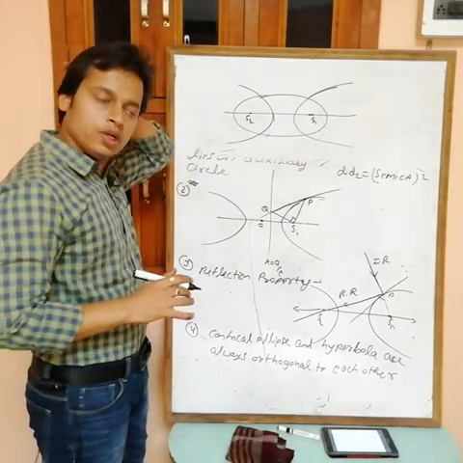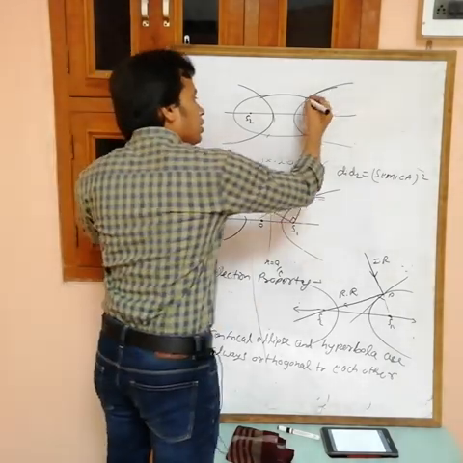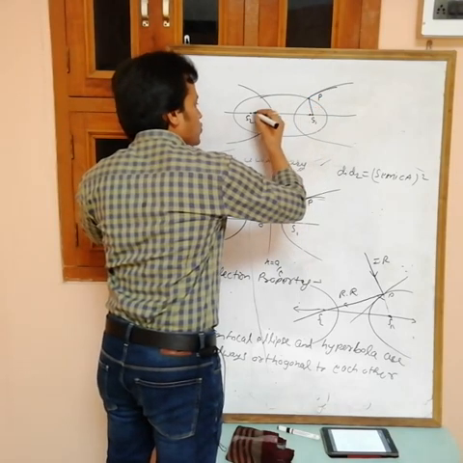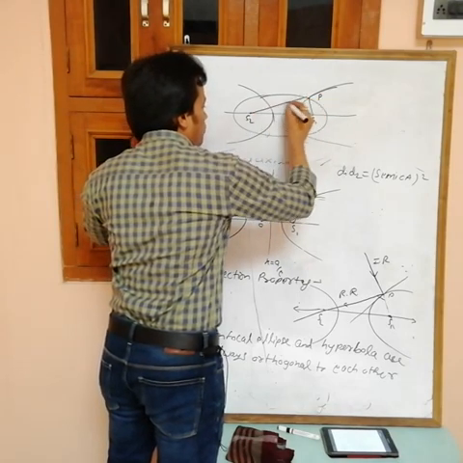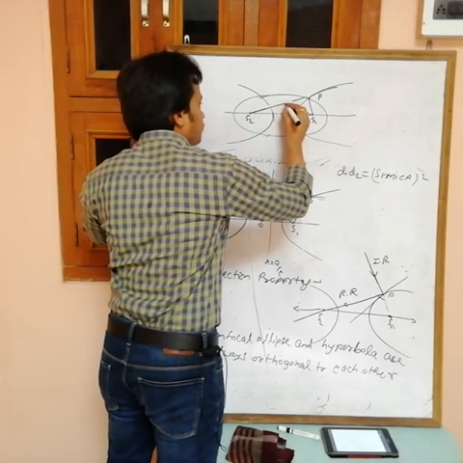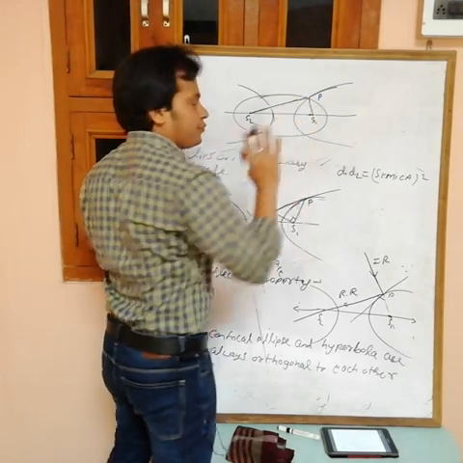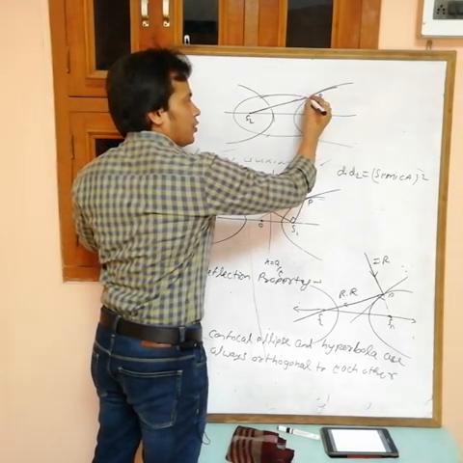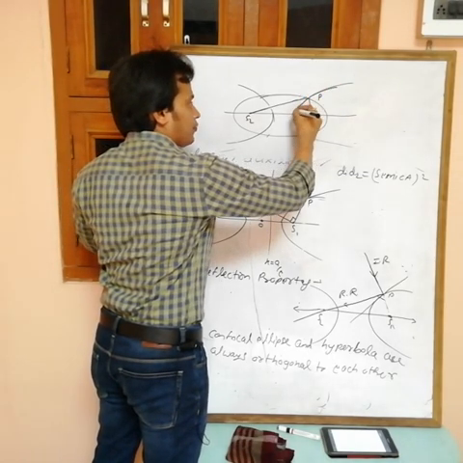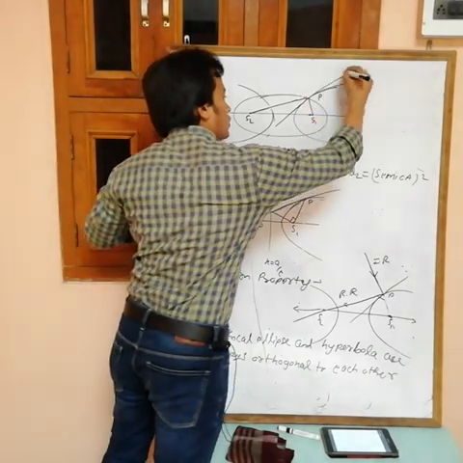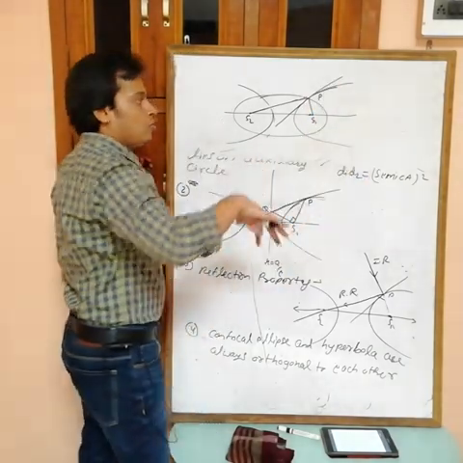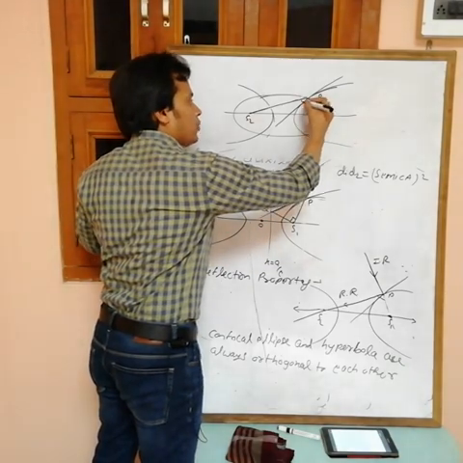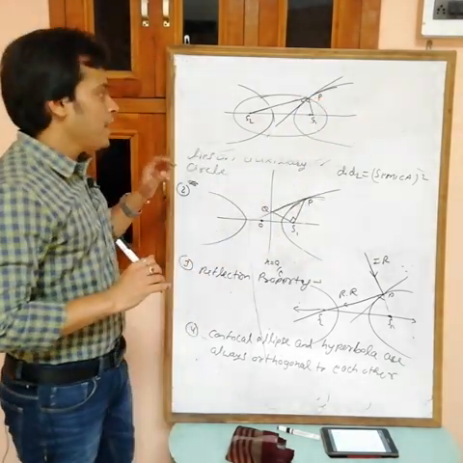I have to prove this one now. So see, suppose this point of intersection is P. If I join PS1 and PS2, now for this hyperbola I am drawing the tangent at P. Now can I say that the tangent of the hyperbola at P bisects the angle between PS1 and PS2. Okay.